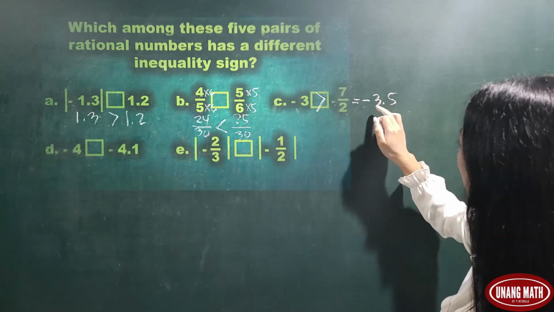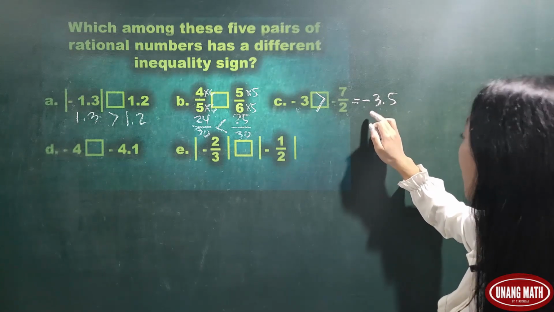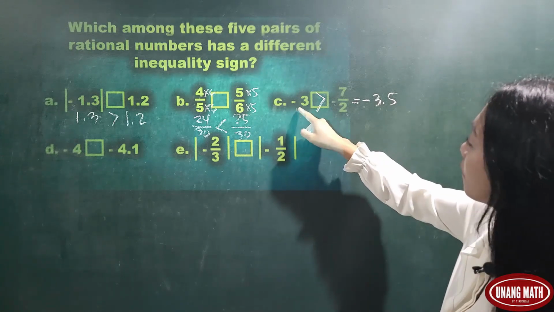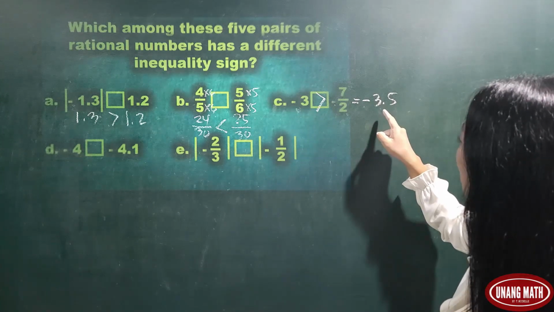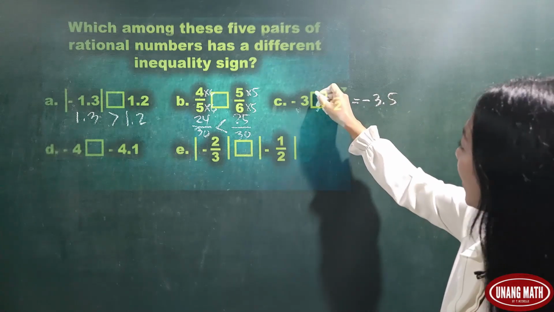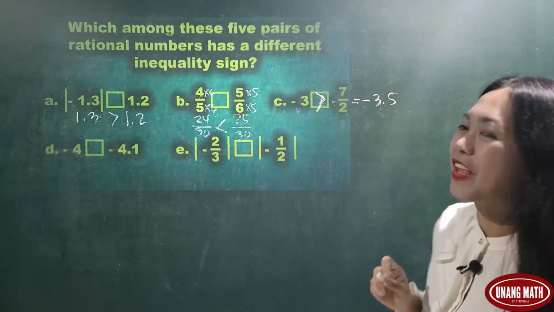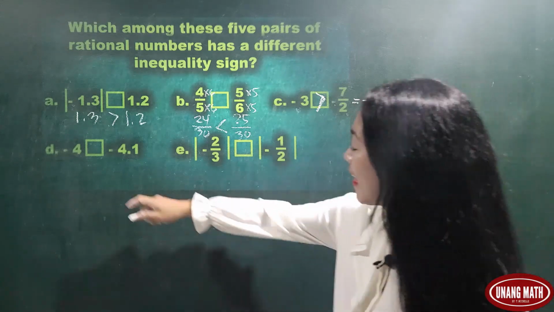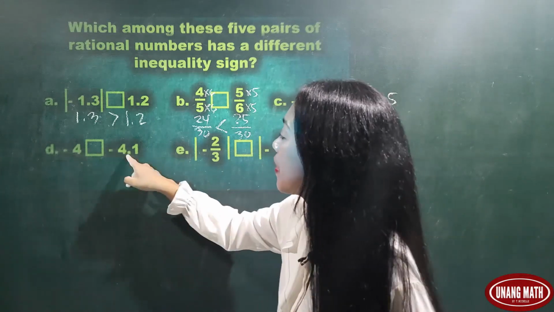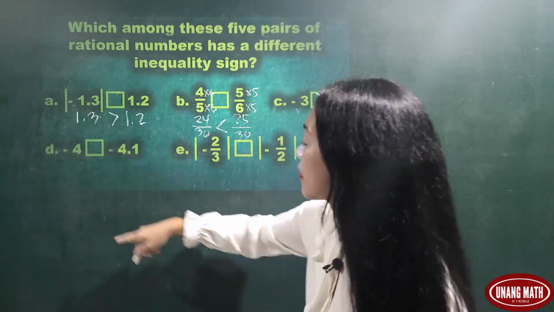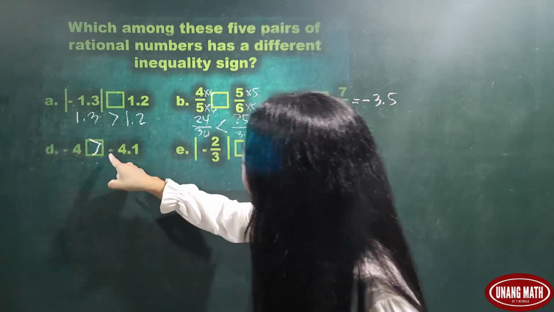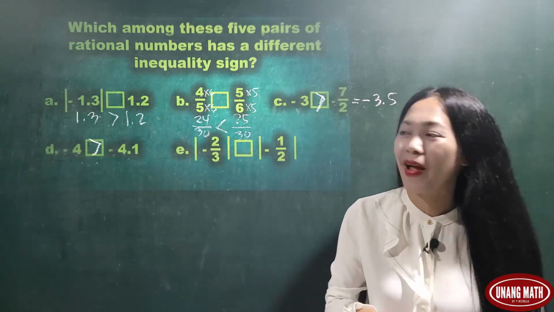Absolute value of negative 3.5 is positive 3.5. So the bigger the absolute value, the smaller the number. That's why negative 3 is greater than negative 3.5. Let's have letter D, negative 4 and negative 4.1. Both are negative numbers, but negative 4 is greater than negative 4.1.